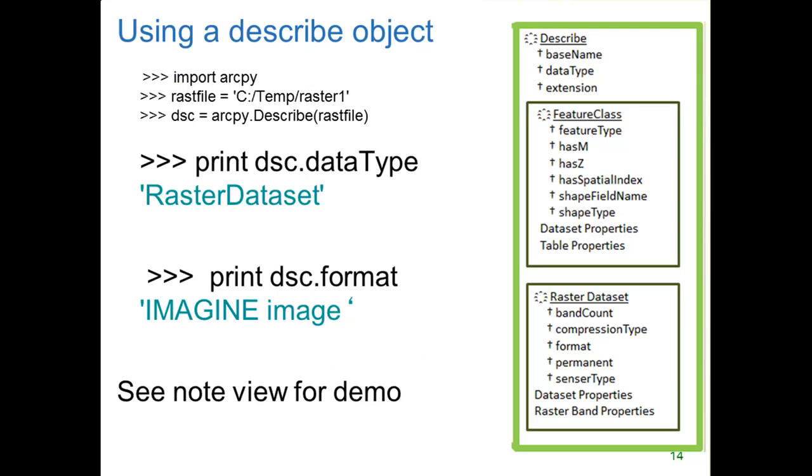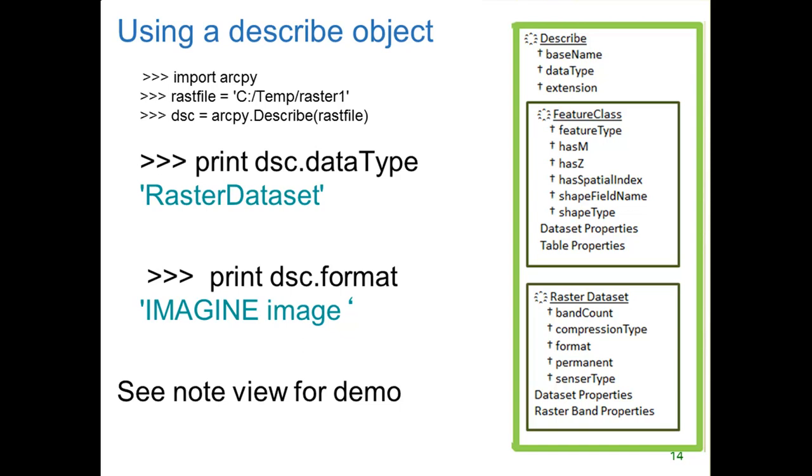If we get dsc this way, we say arcpy.Describe and we pass in some data. We can say print dsc.dataType, and that'll give you whatever the type is of that data set. So data type is one of those describe object properties that every described object will have. However, depending on the data type, other different properties will be available. So if the data type is raster dataset, then it'll have properties like band count, compression type, format, permanent, sensor type.